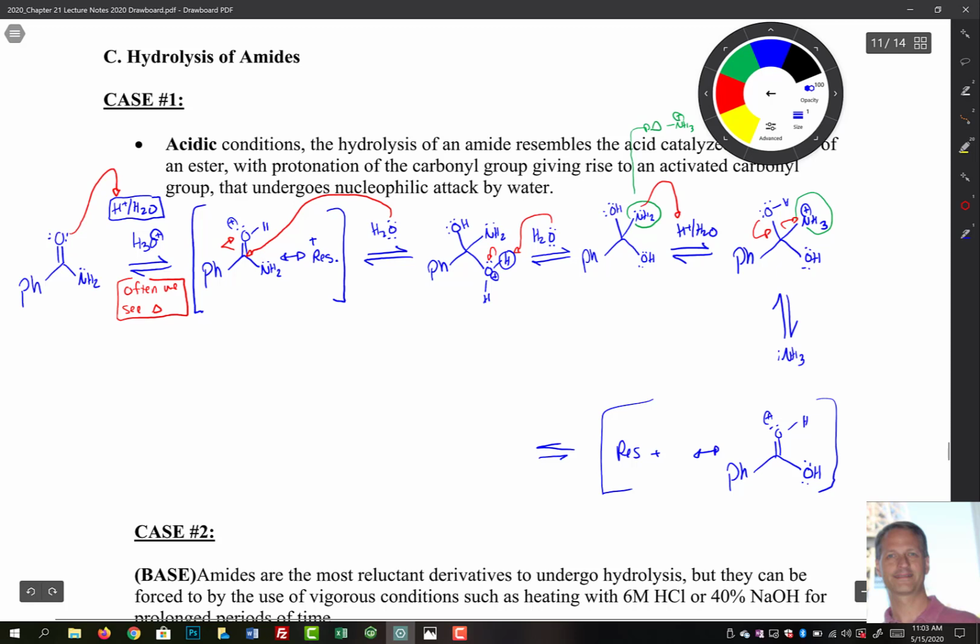Now the last step of this reaction is just the deprotonation to make our carboxylic acid. So we're going to add here H2O to do that. We're going to take our water, swing around, grab that H, and then that will give us our carboxylic acid. So there's your carboxylic acid. And then also we have that NH3 that was eliminated too.